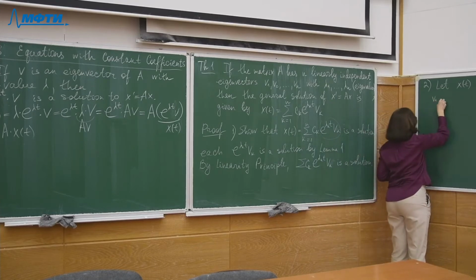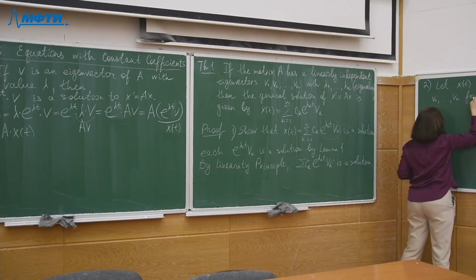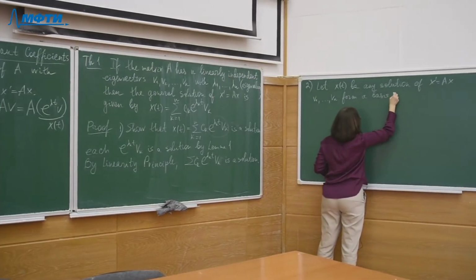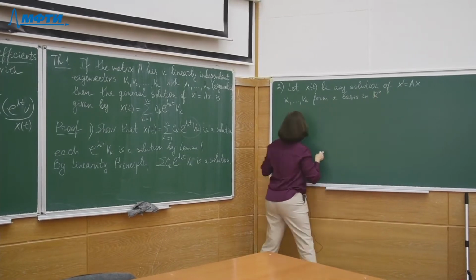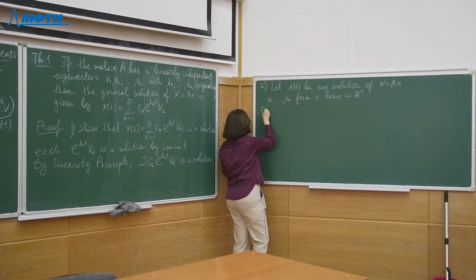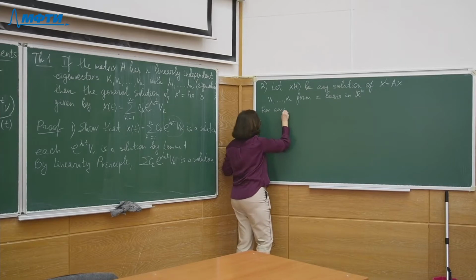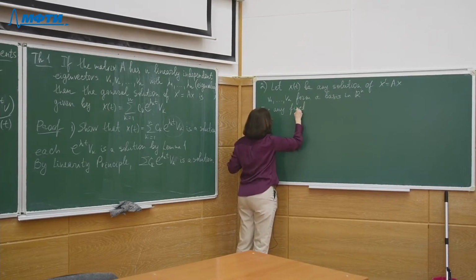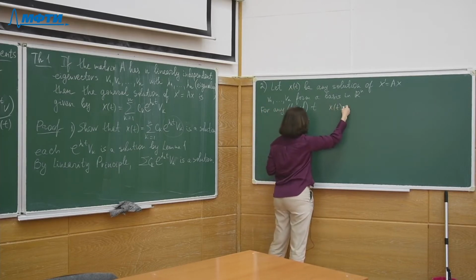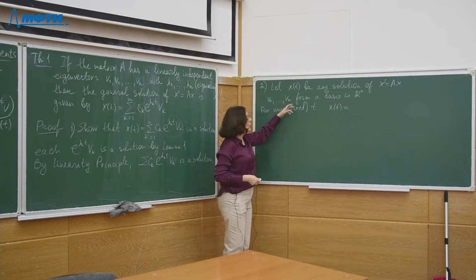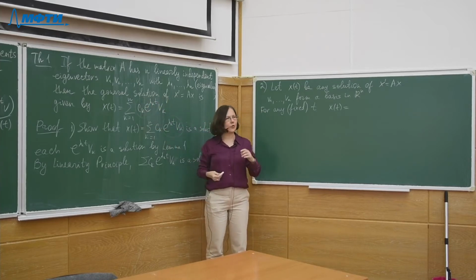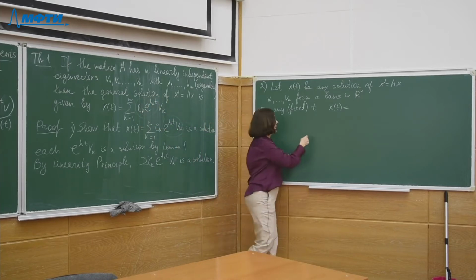So v_1 through v_n form a basis in R^n, and this means that for any fixed value of t, we can represent x of t as a linear combination of these vectors with some coefficients.